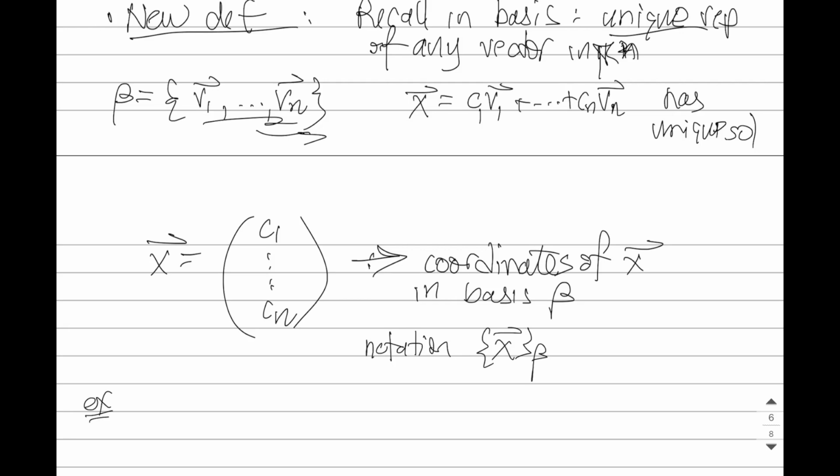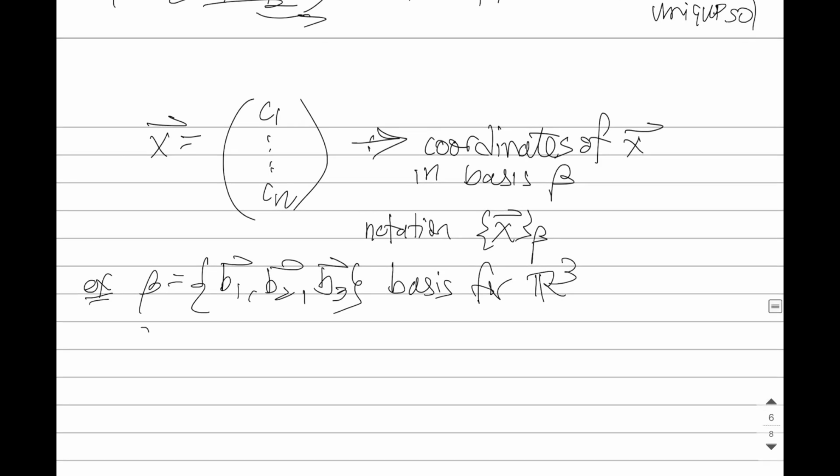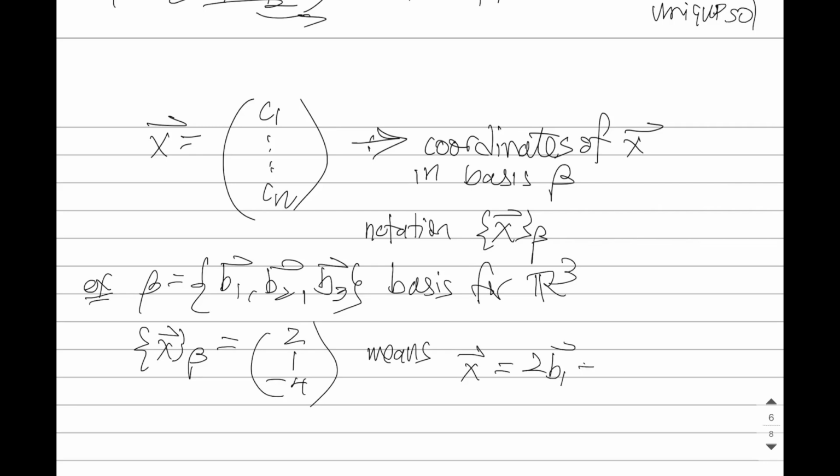If I tell you that B = {b1, b2, b3} is a basis for R3, don't worry about what the vectors are. When I write [x]_B = (2, 1, -4), the vector x is formed by 2 bunches of b1, 1 bunch of b2, minus 4 bunches of b3.